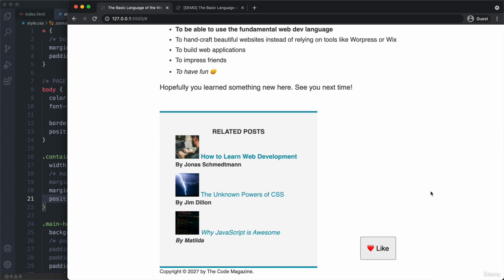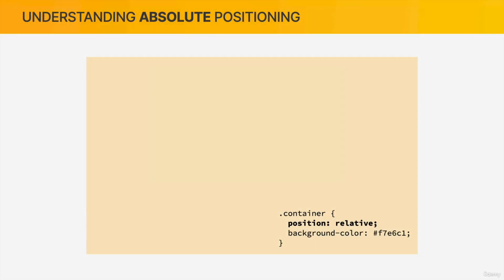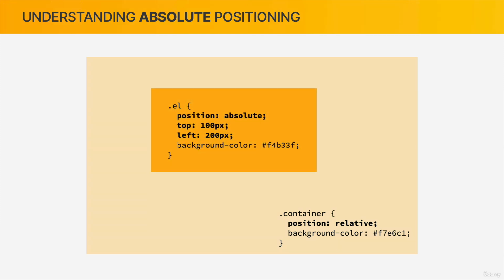All right. And to make this even more crystal clear, let's take a look at a graphical explanation of this. So let's imagine that we have this yellow element here with the container class, and it has its position set to relative. Then we have another element, this orange element, and it has its position set to absolute.